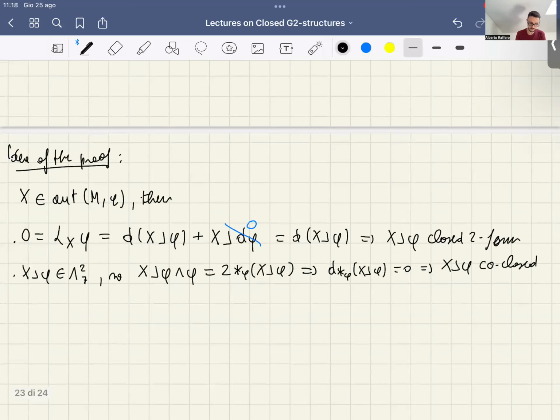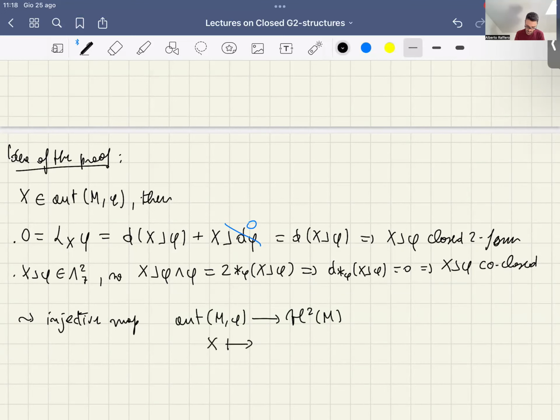And so we get an injective map going from the Lie algebra of the automorphism group to the space of harmonic two-forms, sending an infinitesimal automorphism X to the contraction of X with phi.